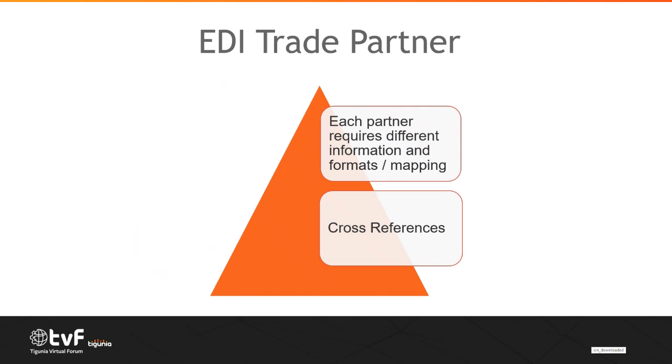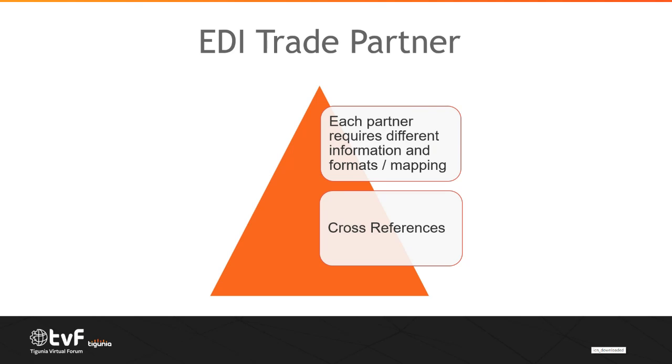Now, the trade partner. Each trade partner requires different information, formats, mappings, and cross-references. Although the 850, which we were looking at quickly, had a specific format, with the customer PO number being the third element of the first segment, certain partners will have requirements that say, "I don't need that element.